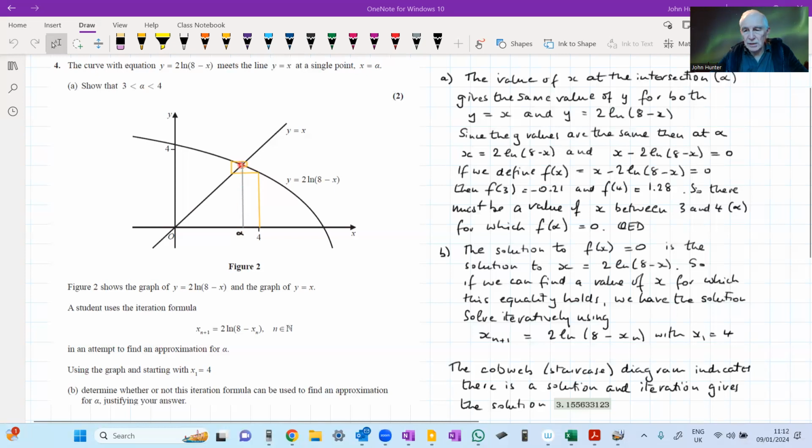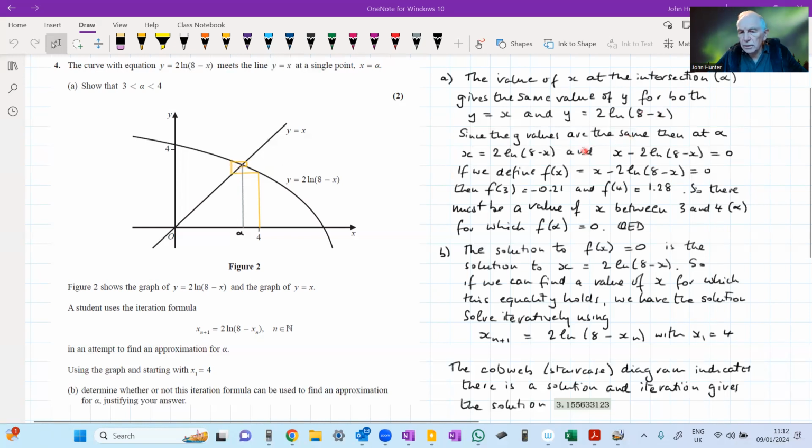Okay, that's more or less the definition of the point of intersection. Since the y values are the same for both of these lines, then essentially x equals 2 natural log of 8 minus x.